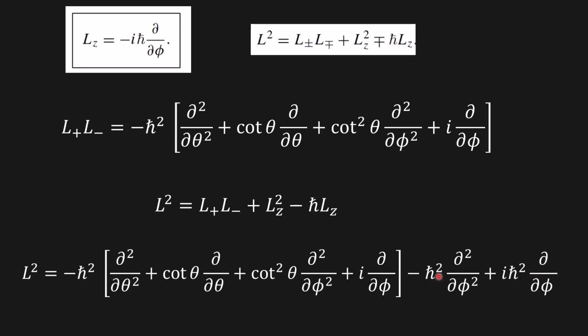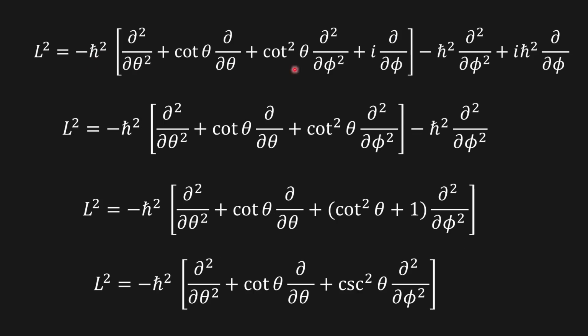Now we will try to simplify this. So finally we got this expression. Now compare the terms. You take minus h cross squared and multiply this, which is equal to minus i h cross squared delta over delta phi. Here you have plus i h cross squared delta over delta phi.